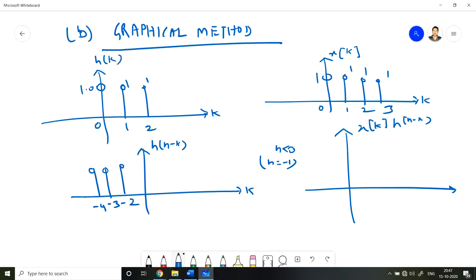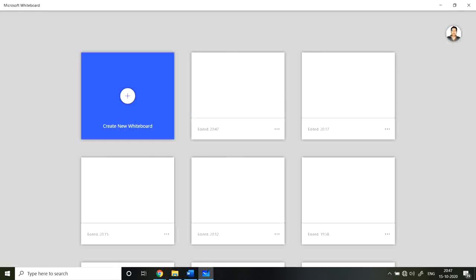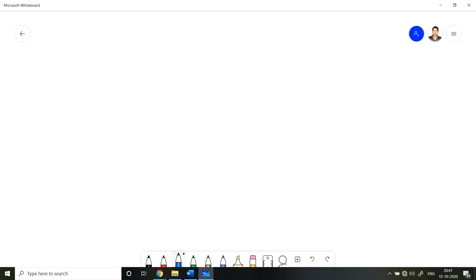We can easily see that all points are 0 because there is no overlap.